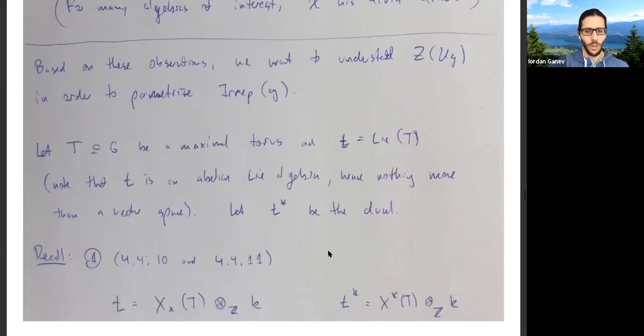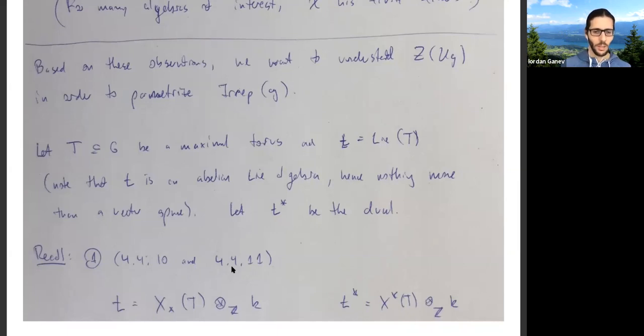First of all, I don't remember if I assigned this as an exercise, but there was an exercise in chapter 4 that there's a relationship between the characters and cocharacters of the torus and its Lie algebra.